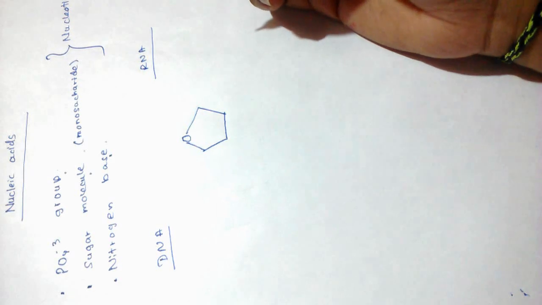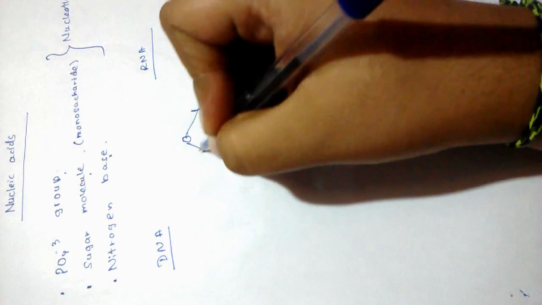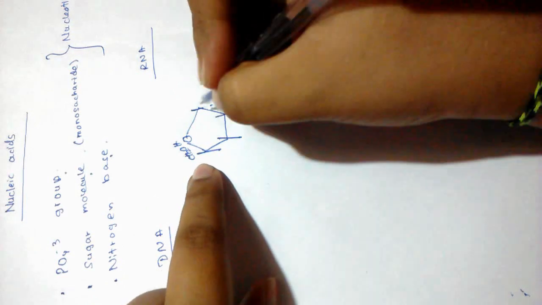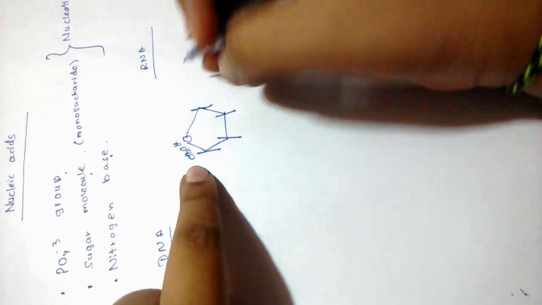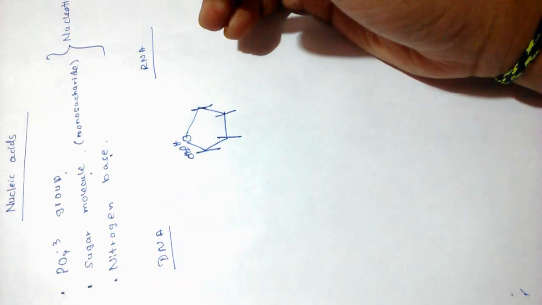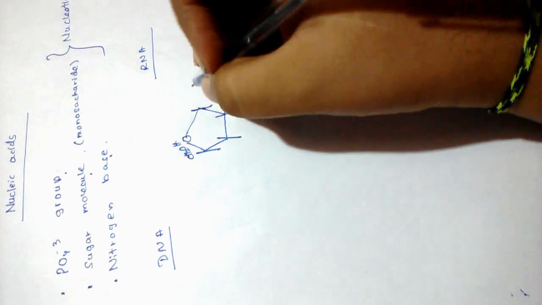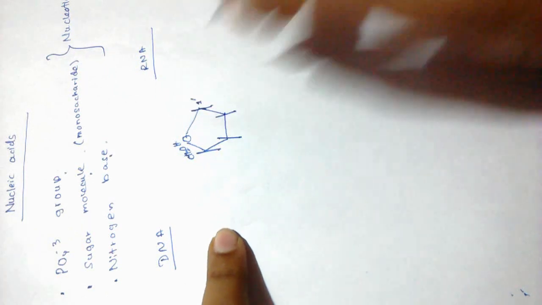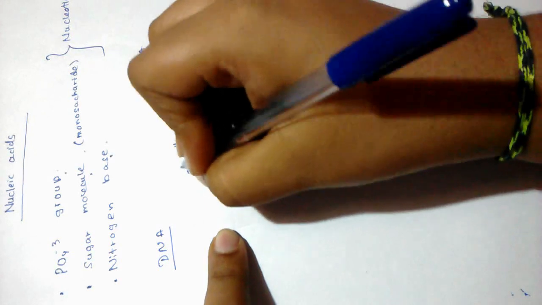It means it has 5 carbon atoms: first, second, third, fourth, and the other one is the CH2OH group. This is the fifth one. For the nomenclature, we have to number these carbon atoms differently from other components: 1 dash, 2 dash, 3 dash, 4 dash and 5 dash.